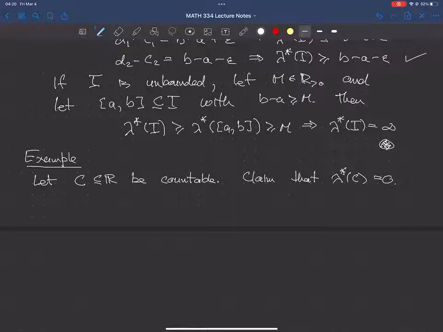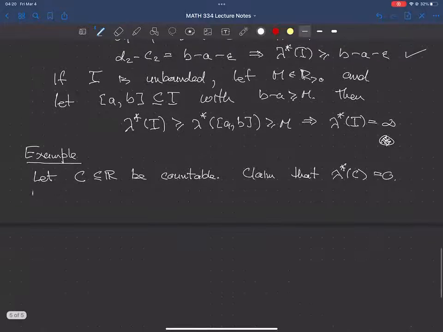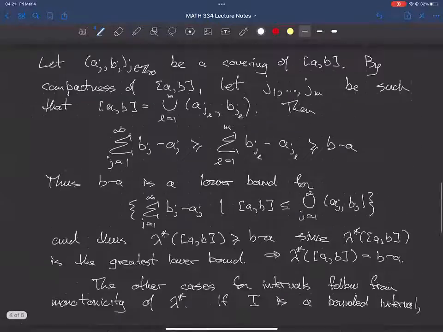So let's see how that might work. Let's label the points in C as x_j. What's the definition of Lebesgue outer measure?